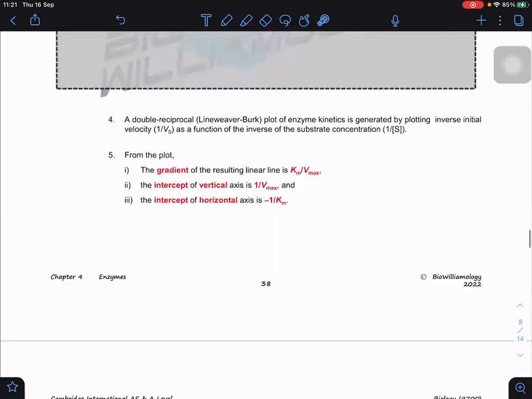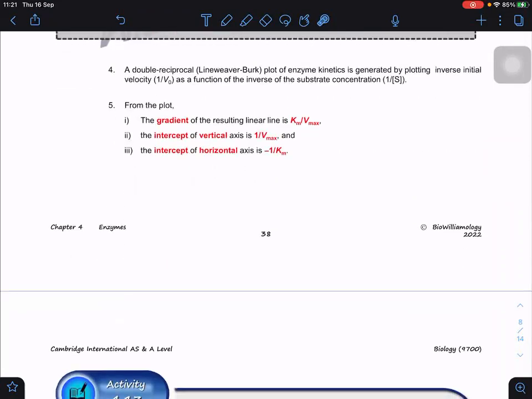A double reciprocal Lineweaver-Burk plot of enzyme kinetics is generated by plotting the inverse initial rate of reaction, 1 over V naught, versus 1 over substrate concentration. The gradient is not so important, but these two you need to know. The intercept of the vertical axis is 1 over Vmax, and the intercept of the horizontal axis is negative 1 over Km. So this we need to know.